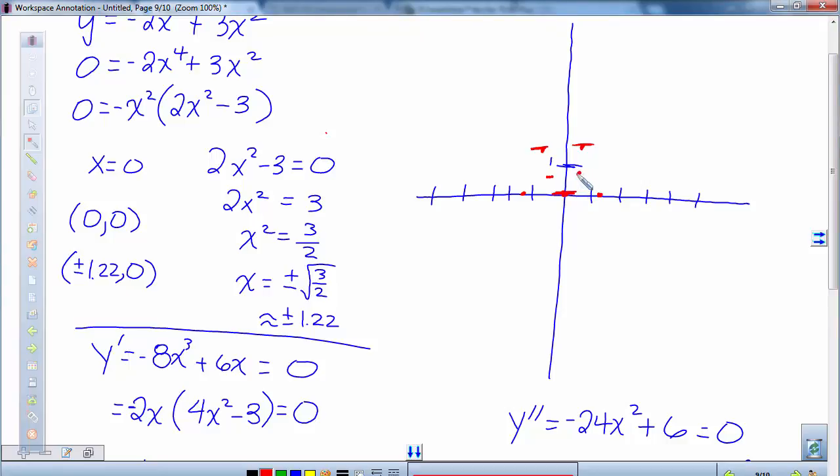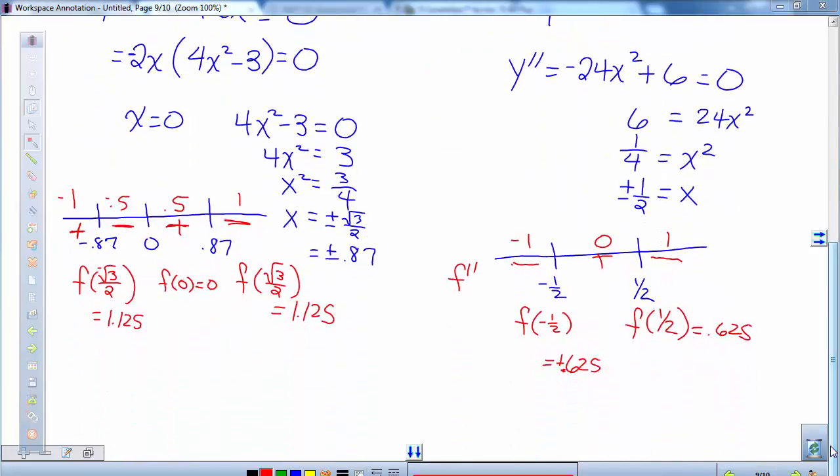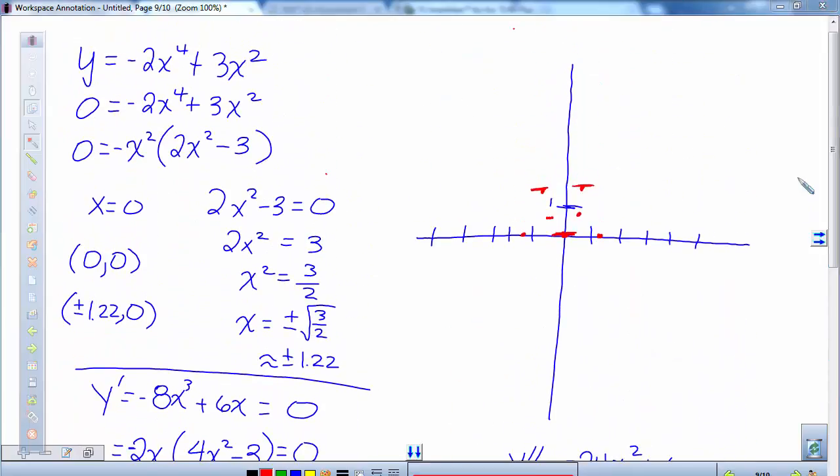Okay, and then if we go back and look, this says from minus infinity to -1/2, this thing should be what? Concave down. We already kind of got our increasing, decreasing worked out, so I'm going to do it like this. Trying to hit all the points. Okay, concave down.